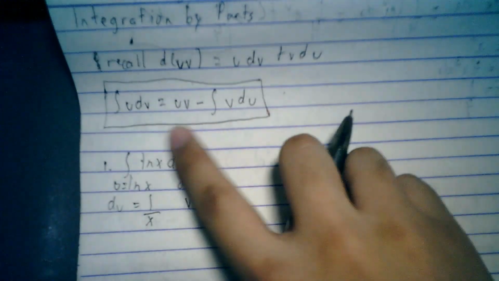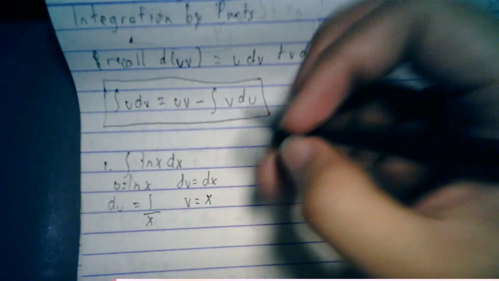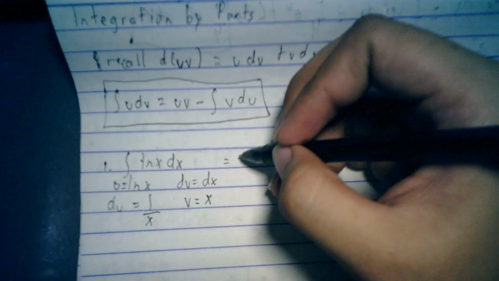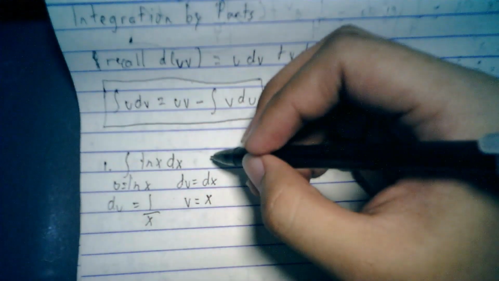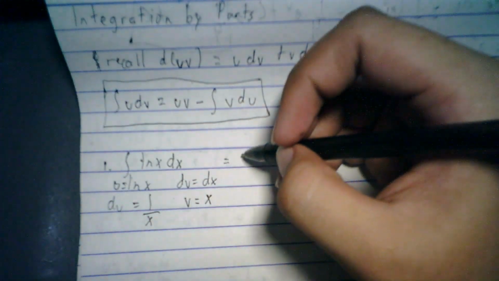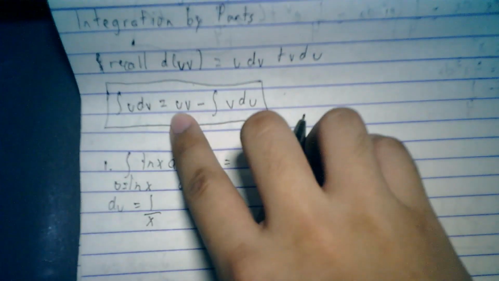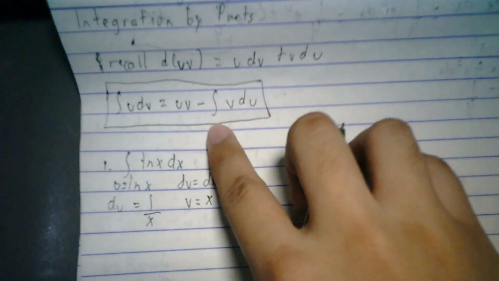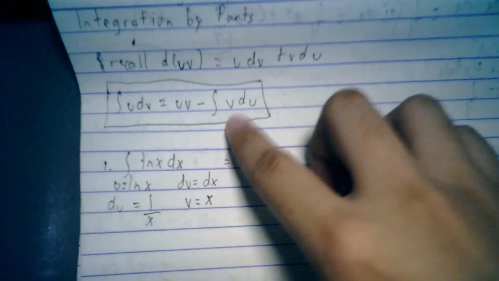Now we apply this formula, uv minus the integral of v du.